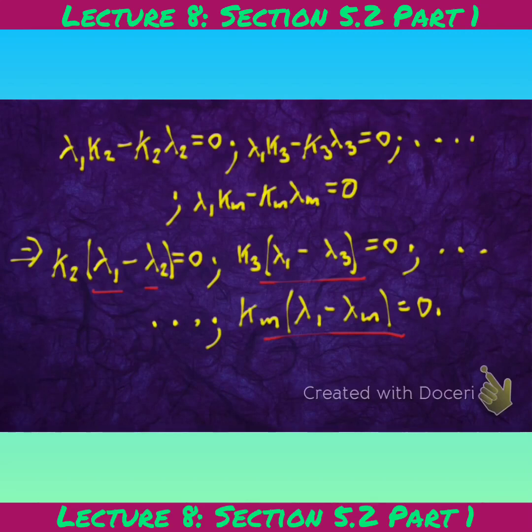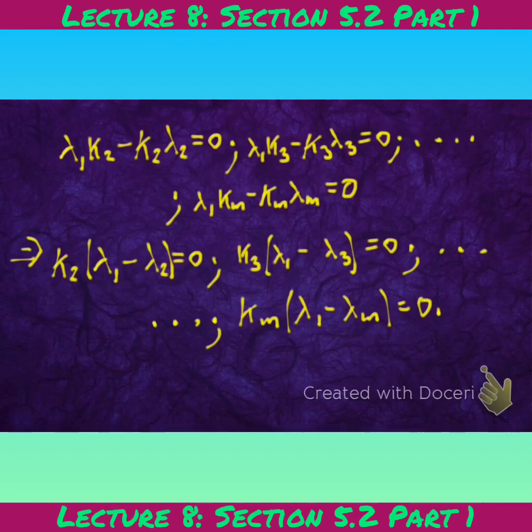Now, what do we know about the eigenvalues? The eigenvalues are all distinct, right? The eigenvalues are all distinct. What does this mean? It means that this term can't be 0, that term can't be 0, right up until the end. None of these terms can be 0.